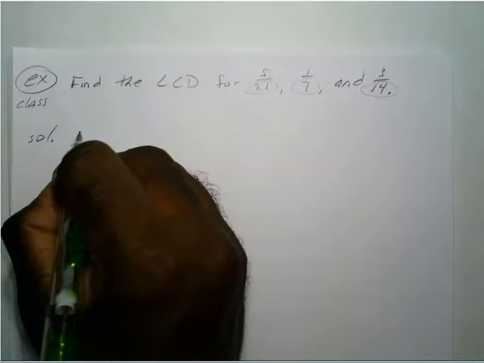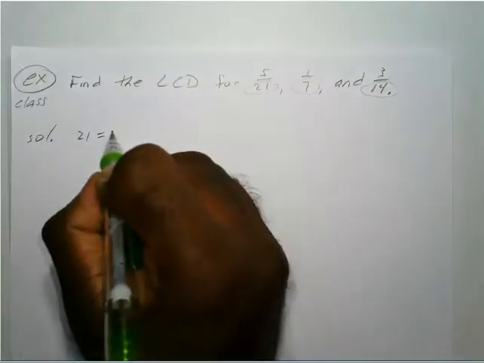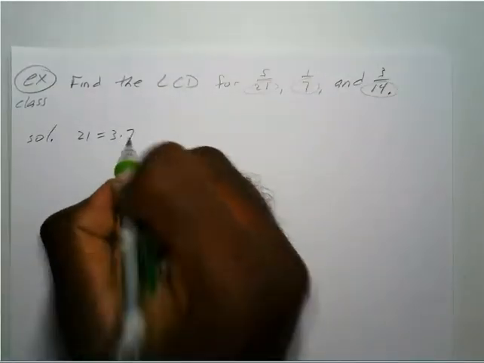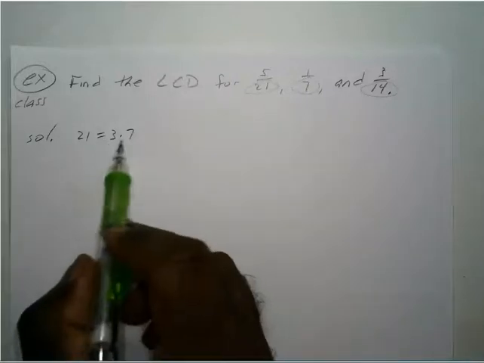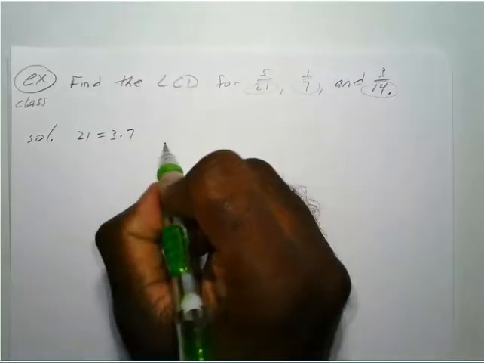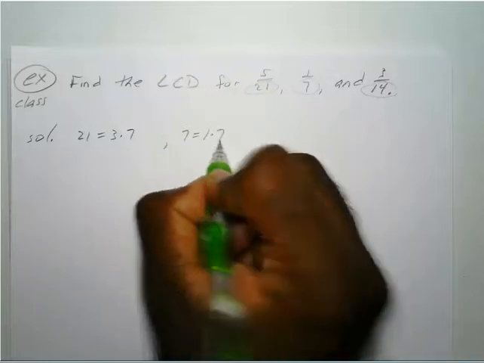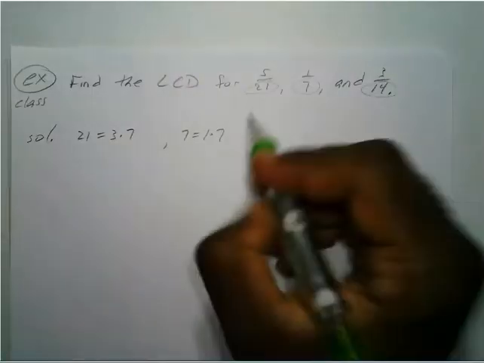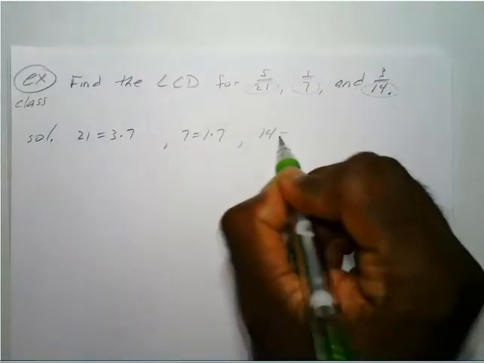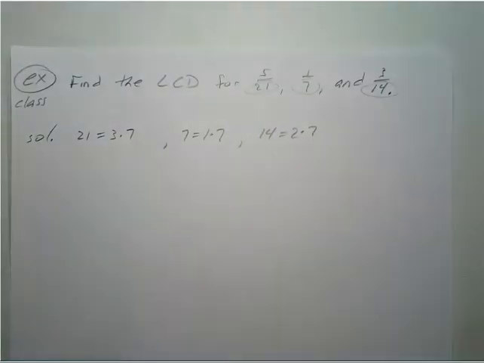We know that 21 is 3 times 7. Okay, neither one of those simplify any more than that. 7 is just 1 times 7. And 14 is 2 times 7. Okay, so we really didn't need the factor tree for those.